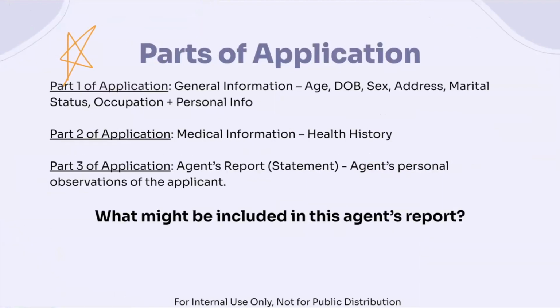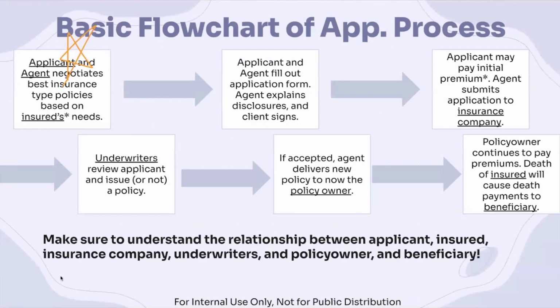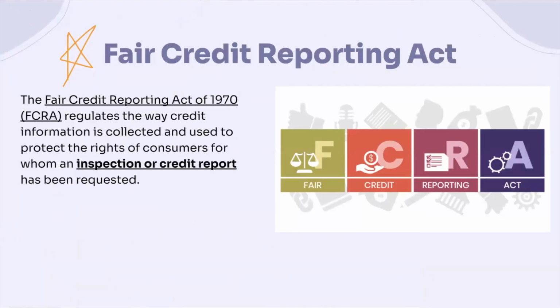We want to take a look at how information can be regulated, and how we can ensure that the rights of consumers are protected, especially when an inspection or credit report is requested. We'll take a look at this now. But what we just want to know is that the FCRA helps to regulate how information is collected and protect the rights of consumers.